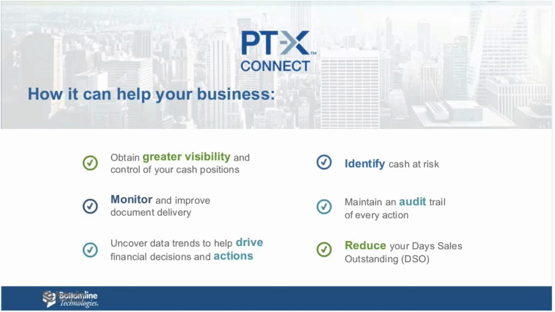The first time we sent out our statements through PTX Connect, we saw that approximately 4% of those documents resulted in a failure. So having PTX Connect enables us to see that straight away and take action. And of course, as we then go back to our Great Plains, which is what we use, and update those email addresses, we'd be expecting that 4% to improve over time.